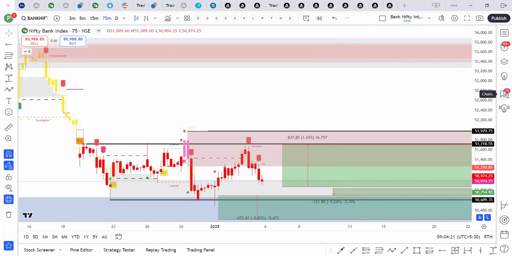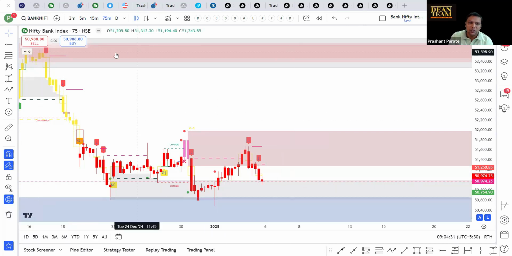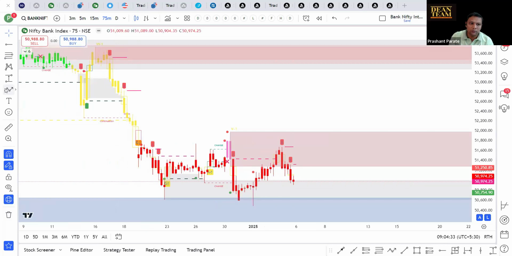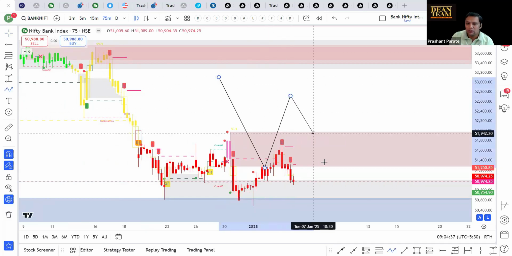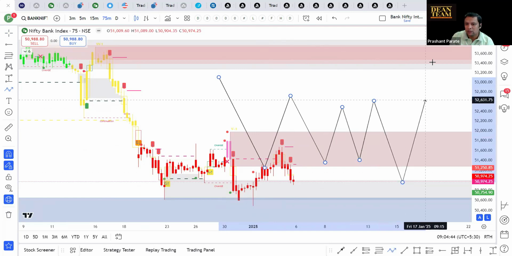And if this is turning out to be a distribution, then how will this behave now? If it is turning out to be a distribution, there are two types of distribution schematics we can see, something like this.